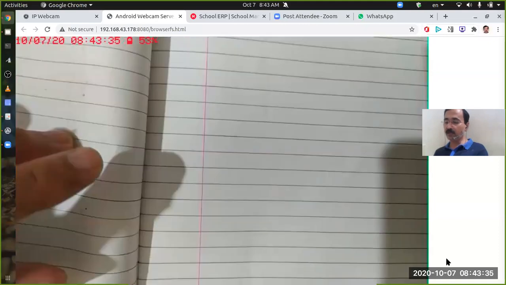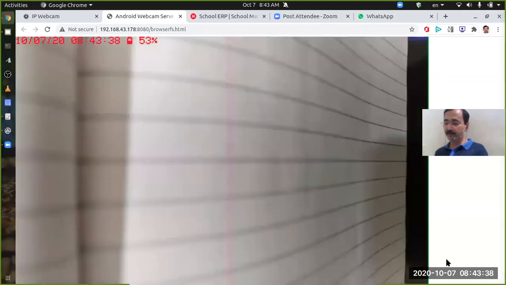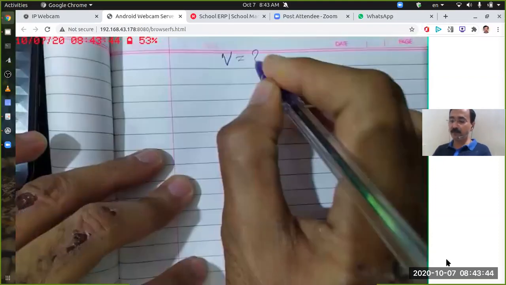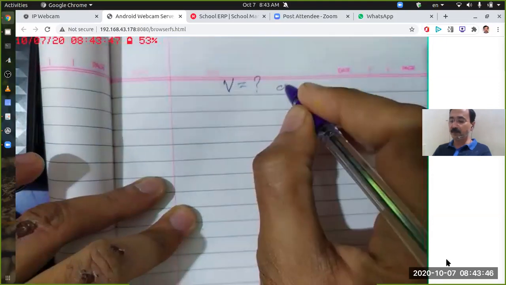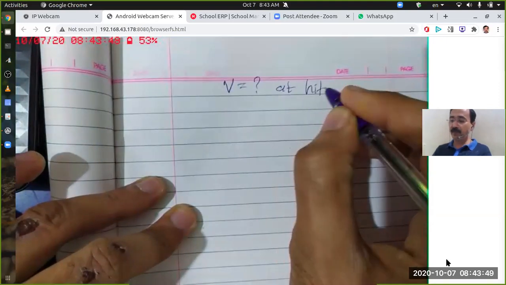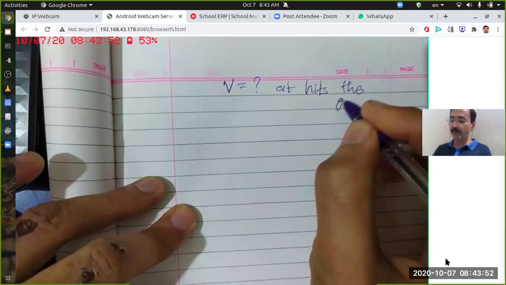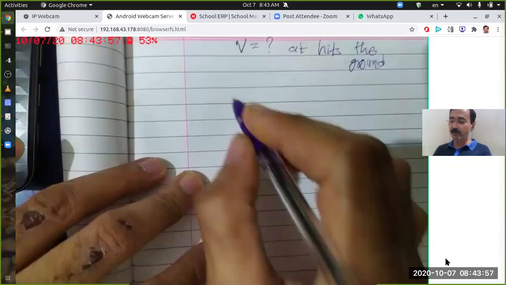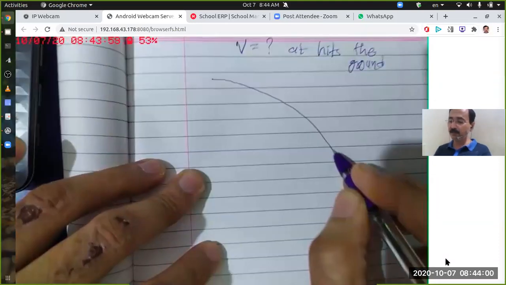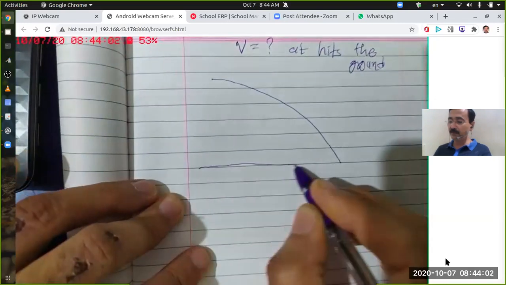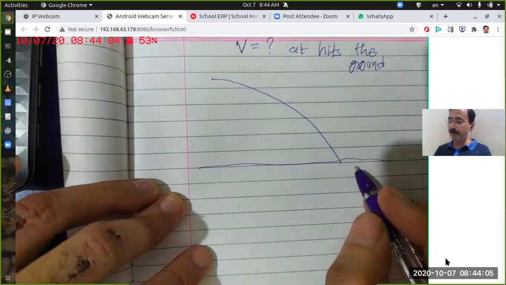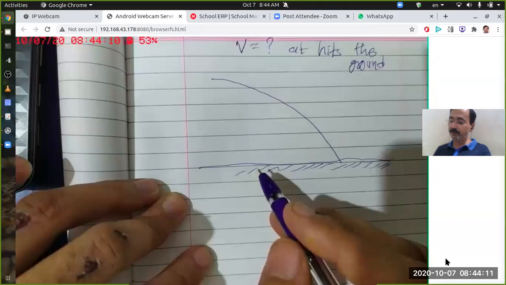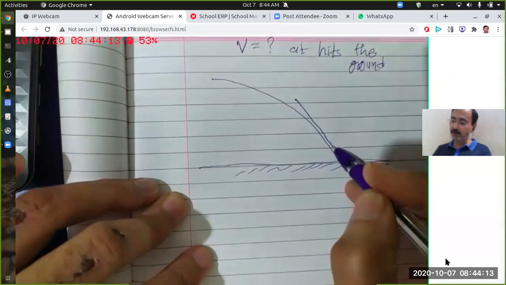Okay, what else was asked to find? Speed. What is v when it hits the ground? So the stone will hit here. This is ground. This was its velocity.